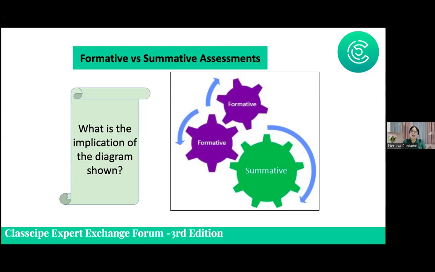I would be glad to know what you think of this, because I was looking at why there are 2 purple, like sort of a wheel, and then 1 big green one, which is a summative. So what's the implication of this diagram?